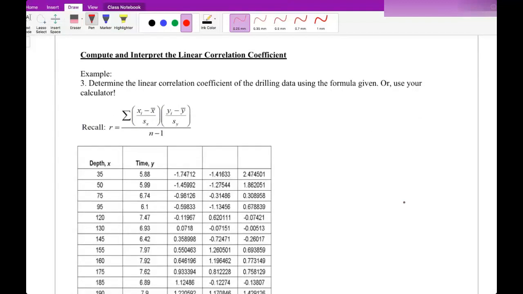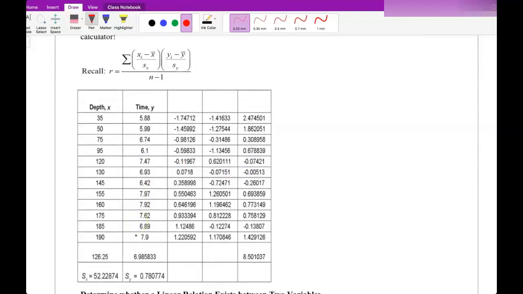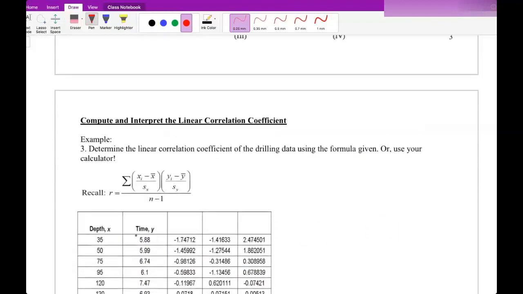Now, example number 3. Determine the linear correlation coefficient of the reading data using the formula given. So these points are exactly what we had on the first page.